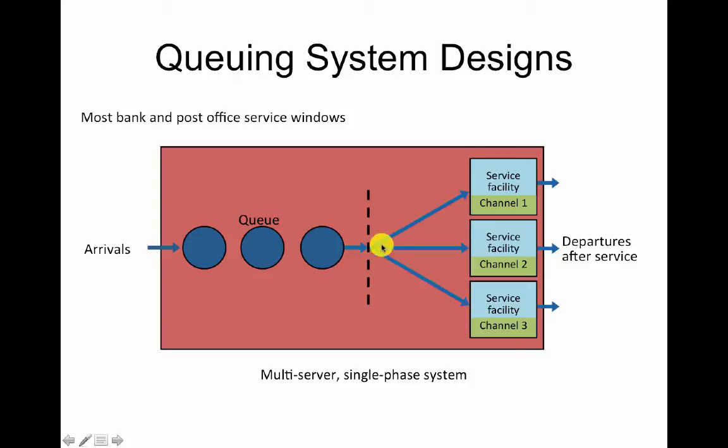If channel 1 is open, then the person who's waiting right here will go to channel 1. If it's channel 3 that instead is the first one open, then that person goes down here. So you have this single line rather than a line behind each one of these service facilities. Instead of that, you have one line and then it breaks off into these different areas. So again, this is much more effective than the single line.